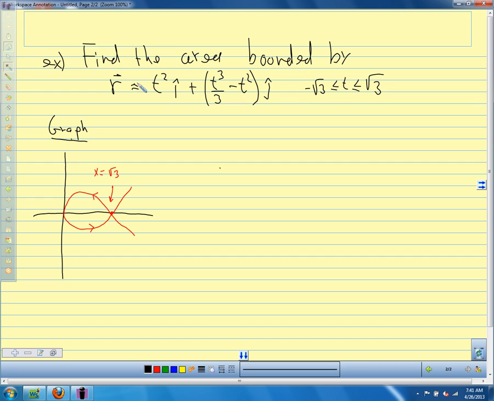With the x component being this and the y component being that, it would be difficult, and your result would turn out to be pretty ugly to express in a way that you could use a regular integral to find that area. So we're going to use Green's theorem. We want the double integral over R of dA, and just looking at that, I'm thinking that's going to be messy and difficult.